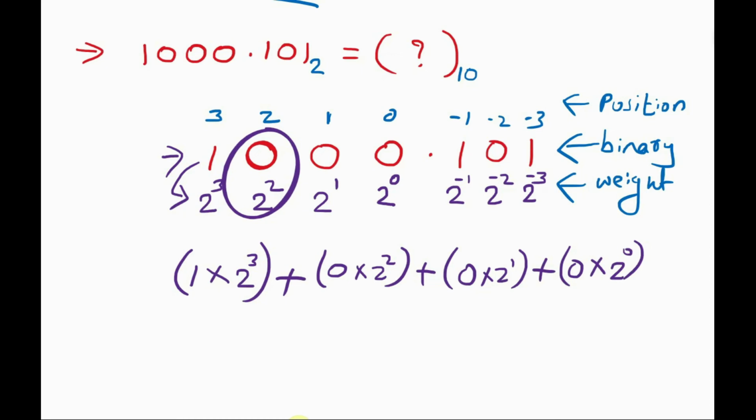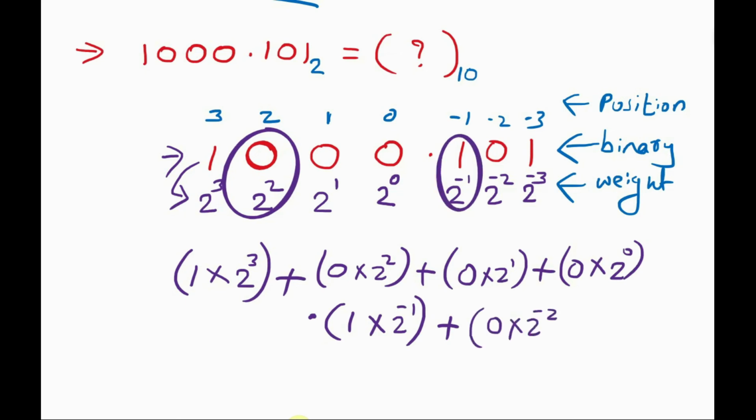And then there is a decimal point, so I will put the dot. Then 1 into 2 raised to -1 plus 0 into 2 raised to -2 plus 1 into 2 raised to -3.